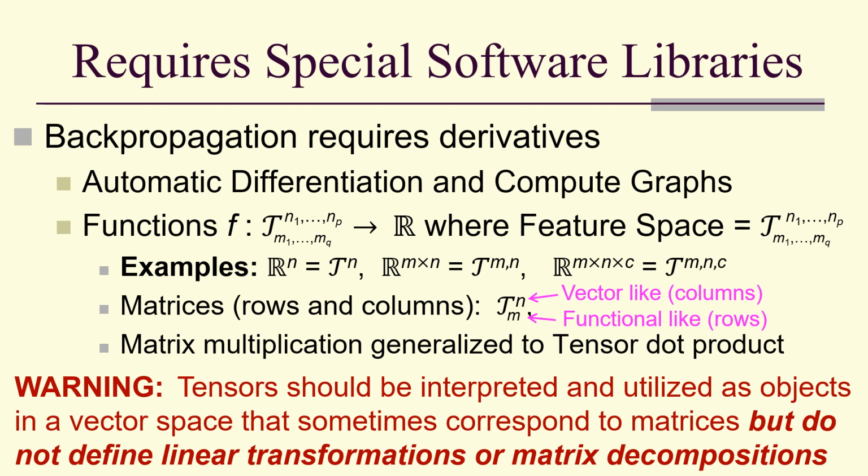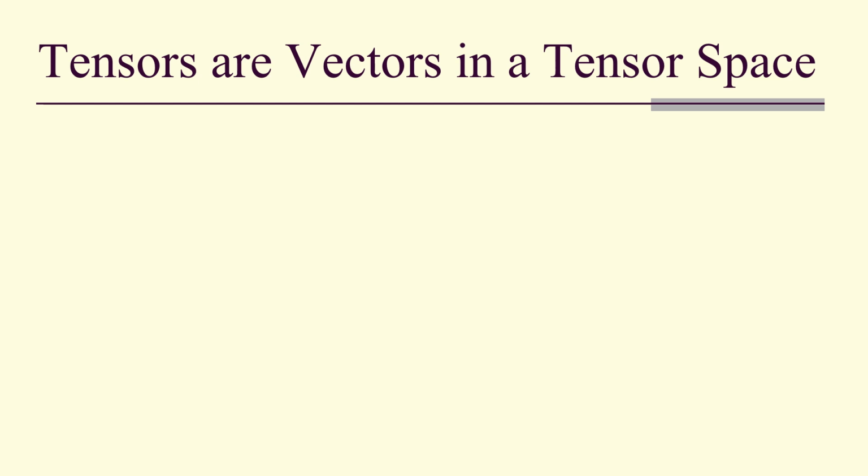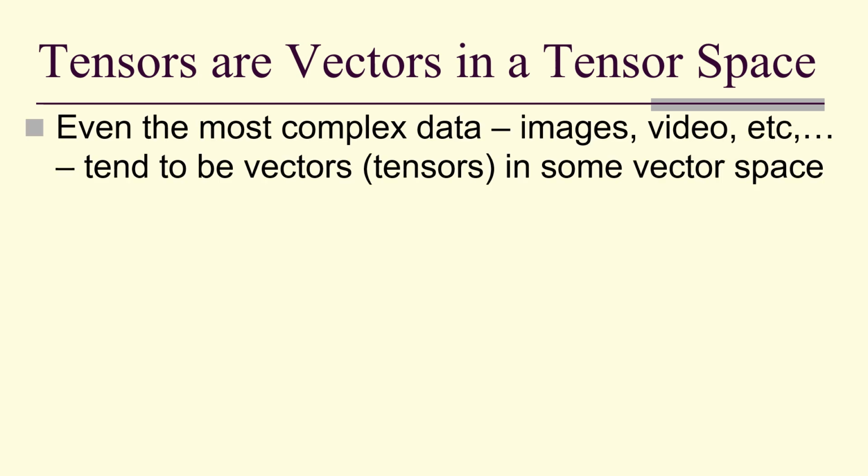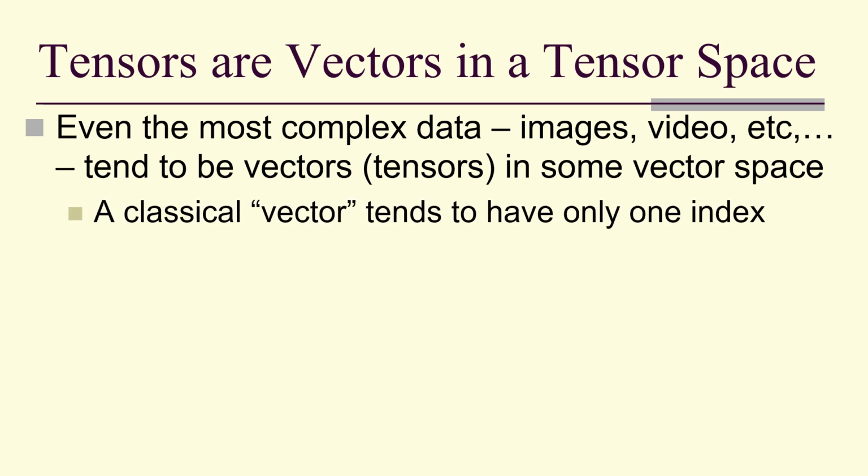We should interpret tensors and use tensors as objects in a vector space. Sometimes they'll correspond to matrices, but we don't want to try to work with the concept of linear transformation or matrix decomposition. We simply want to think of tensors as generalized vectors in a vector space. So tensors are vectors in a vector space. Even the most complex data tend to be vectors in some vector space.